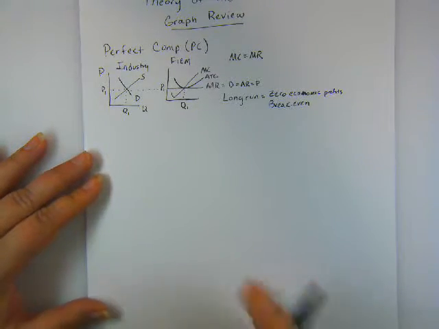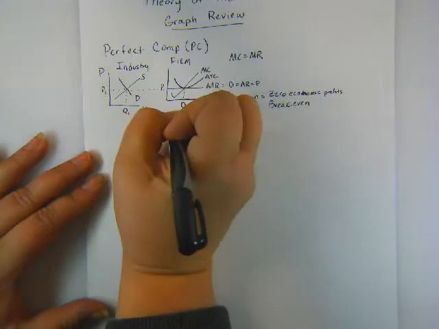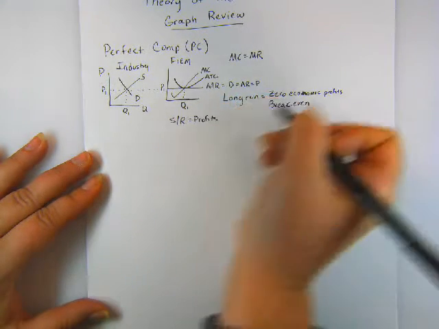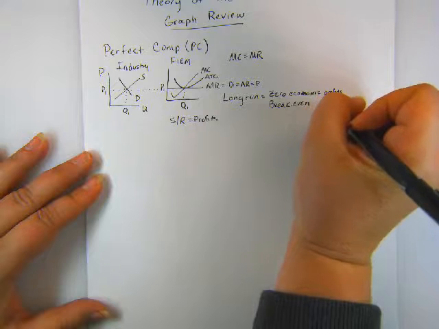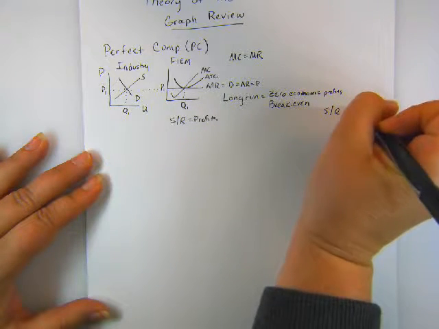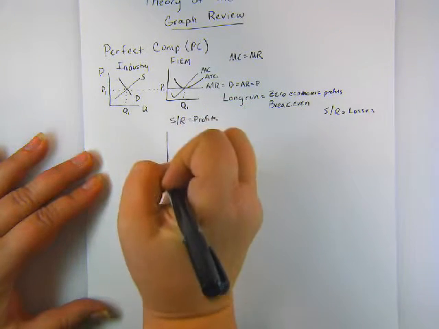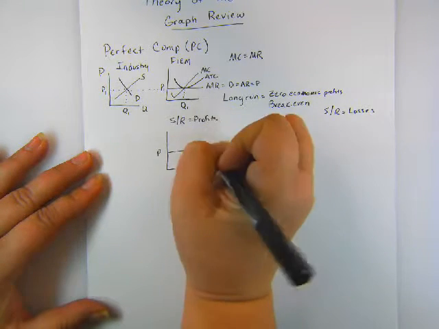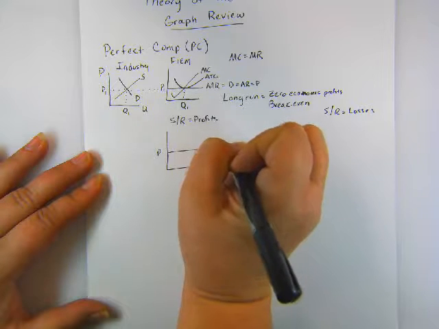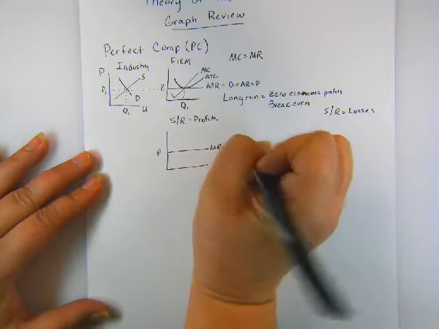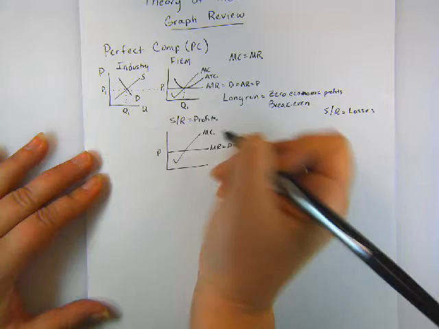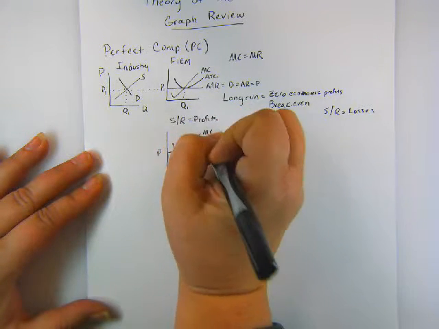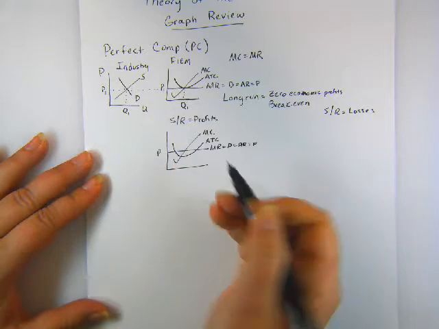Now, in the short run, we can have a firm making profits or losses. A firm that is making short run profits is going to have an ATC curve that falls below their price line.